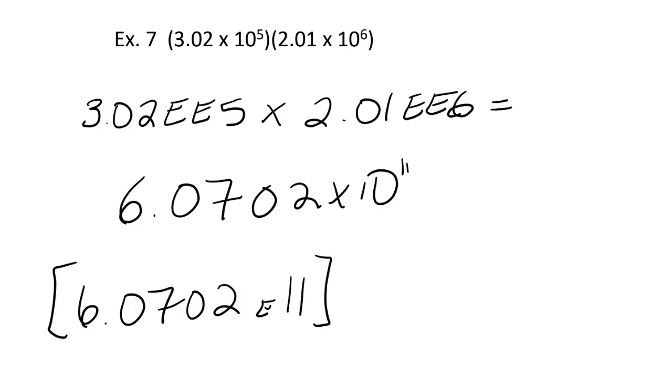That means times 10. So the E button there means times 10. So don't write this. This means nothing to me on paper. This only means something to the calculator. So you have to rewrite it as 6.0702 times 10 to the 11th.